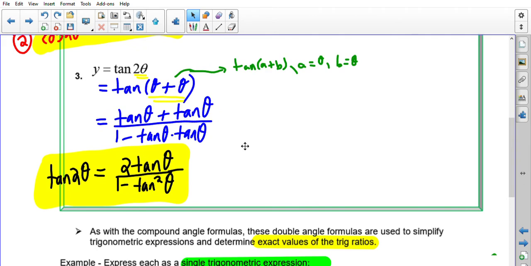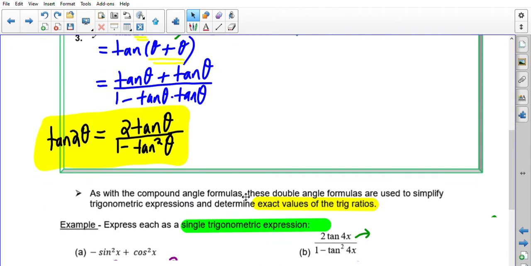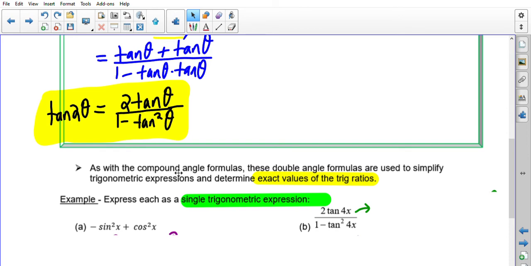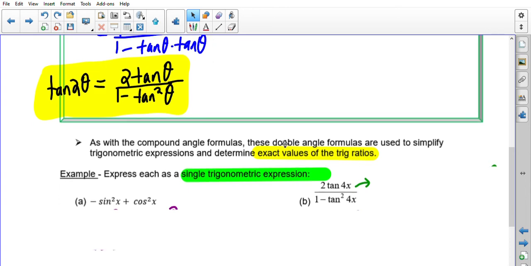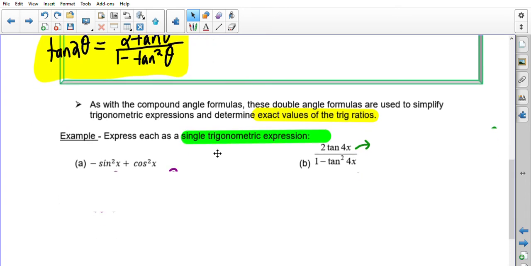Okay, so let's do some practice working with these. Just keep in mind, just like with compound angle formulas, the double angle formulas are used to simplify trig expressions and determine exact values of trig ratios. So for now, let's practice recognizing the formulas and expressing each of these as a single trig expression.